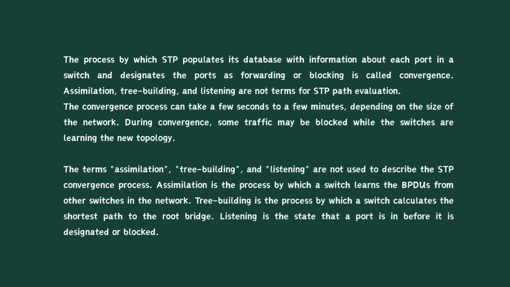The convergence process can take a few seconds to a few minutes, depending on the size of the network. During convergence, some traffic may be blocked while the switches are learning the new topology. The terms assimilation, tree building, and listening are not used to describe the STP convergence process.